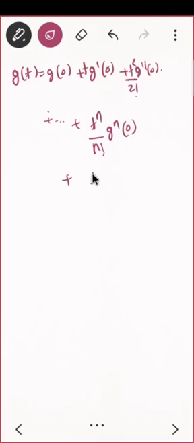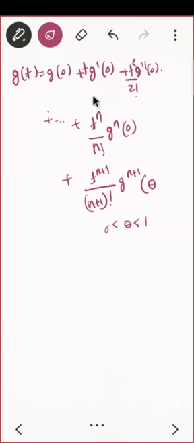What is that remainder term? T raised to n plus 1 upon n plus 1 factorial g n plus 1 of theta, that is 0 plus theta or a plus theta, whatever you say, where theta is between 0 to 1. So now you just have to relate what is g dash of 0, what is g double dash of 0. That's it.